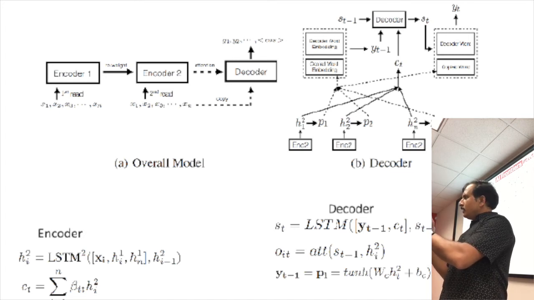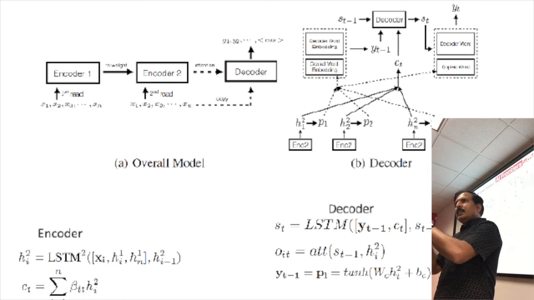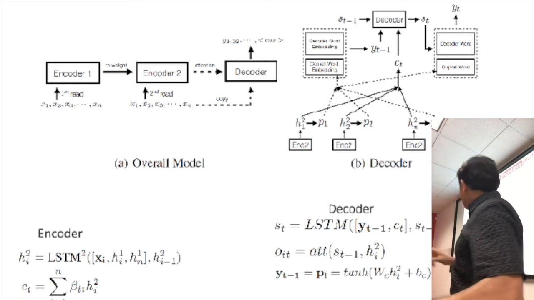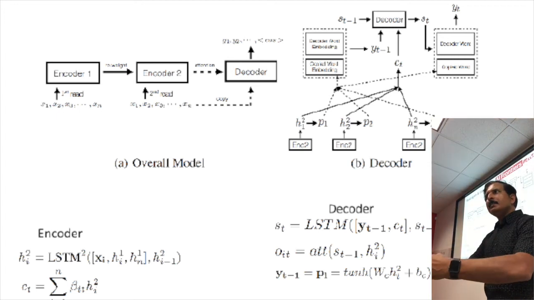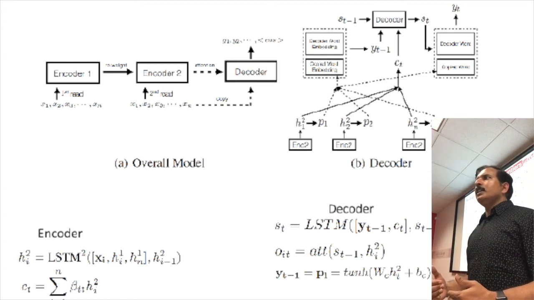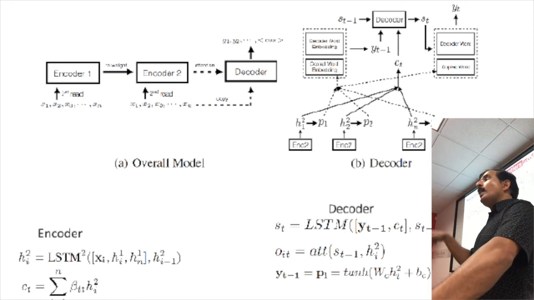So you initiate a new embedding for the OOVs, and whenever an OOV vector is triggered, it goes and checks y t minus 1, that is the previous word. So it's looking to predict y t, but it's not in the vocabulary. What should I do? Go check with my y t minus 1 what the word is, and that is the context around which my next word y t is going to be.